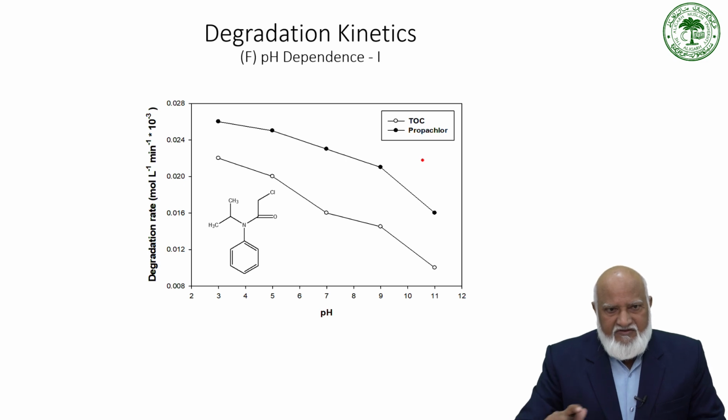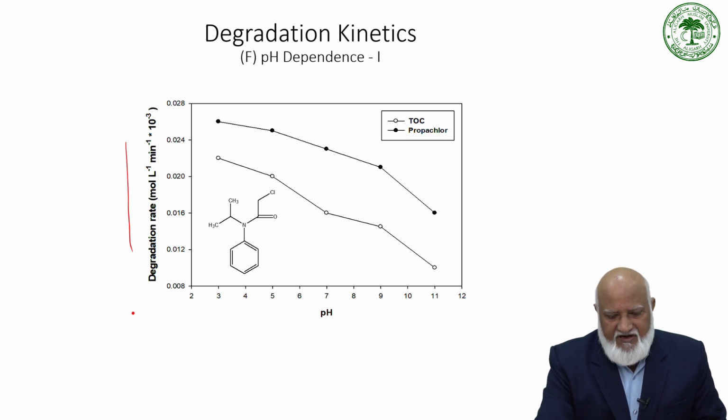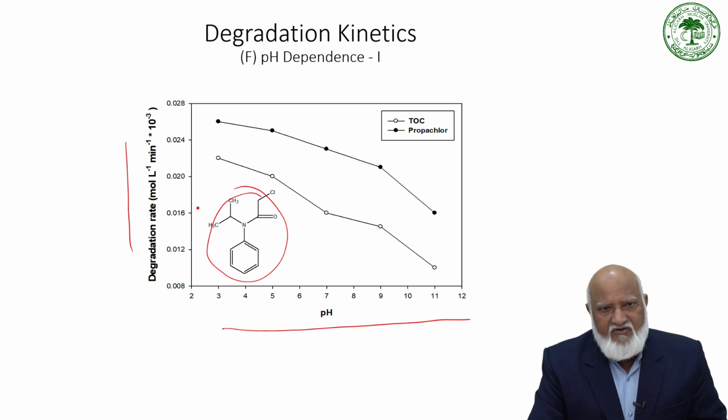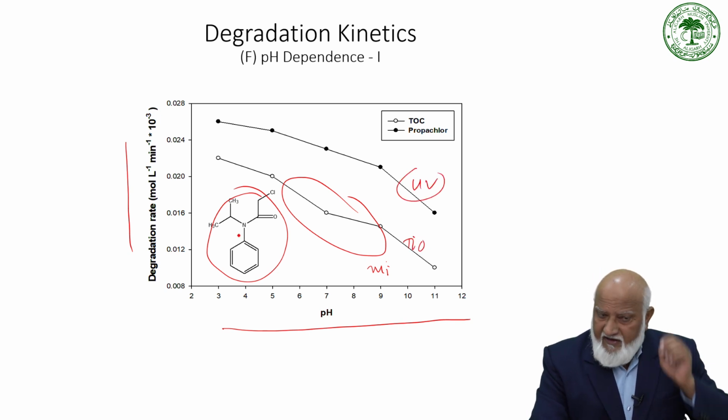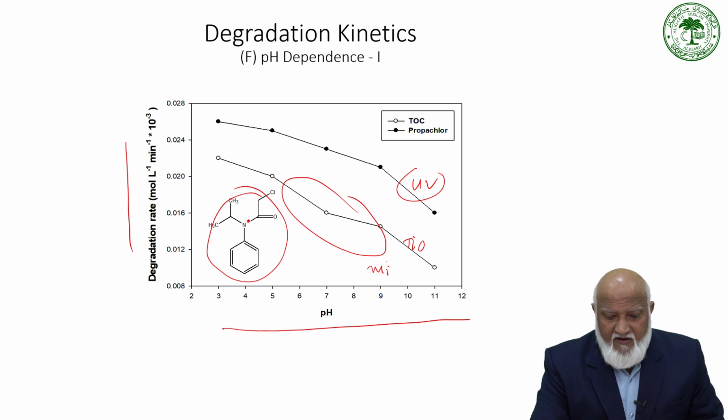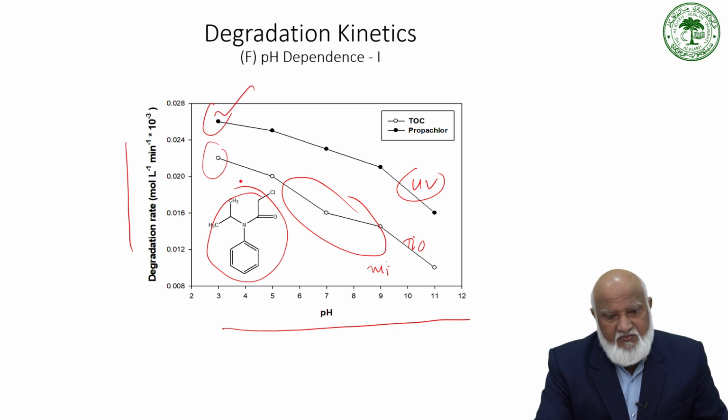That's why you can see here the degradation rate at different pH values for this pollutant. This is a pesticide which we have studied, and this is the rate of mineralization, TOC, and this is for degradation monitored by UV. We can see that both the degradation as well as mineralization for this particular compound are higher under acidic pH, around 3.